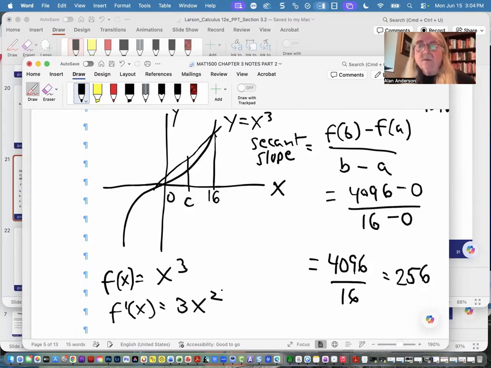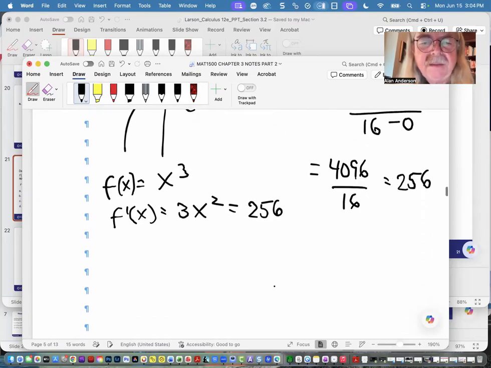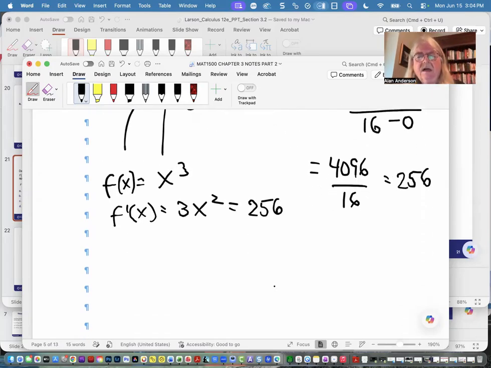And based on the power rule, it's 3x squared, and then we'll set that equal to 256. Now, I don't think 256 is divisible by 3. No, wait, hold on. Nope. All right, we'll leave it like this.